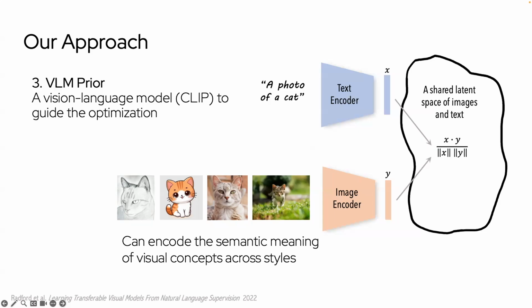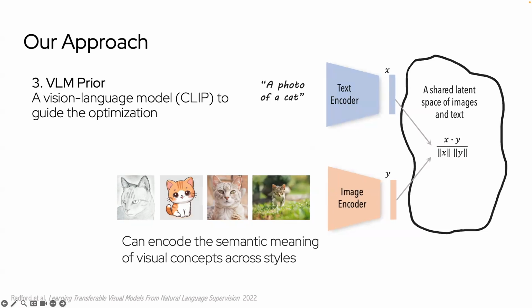So, for example, humans can look at all of these images and understand that they contain some cat, even though their pixel statistics are very different from each other. So this is quite amazing, and today we have models that can do that. And maybe you already see that this is quite useful for our task of sketching.